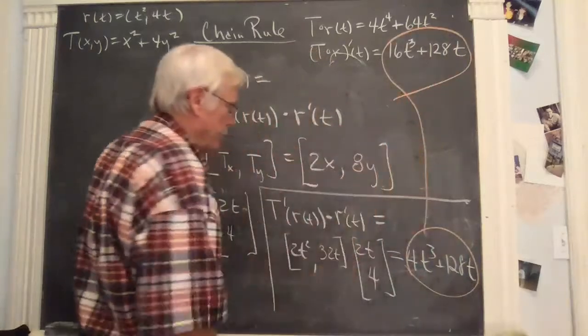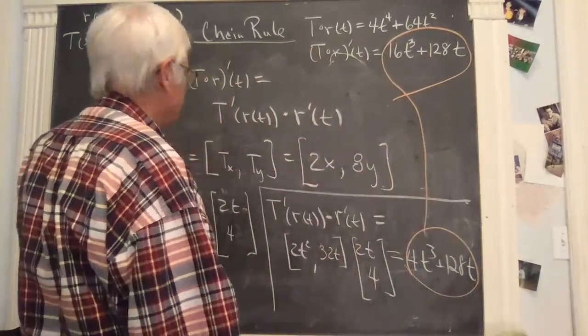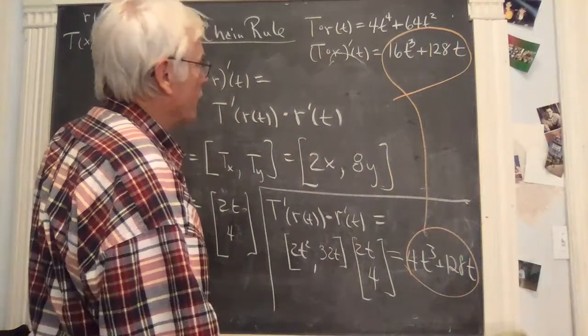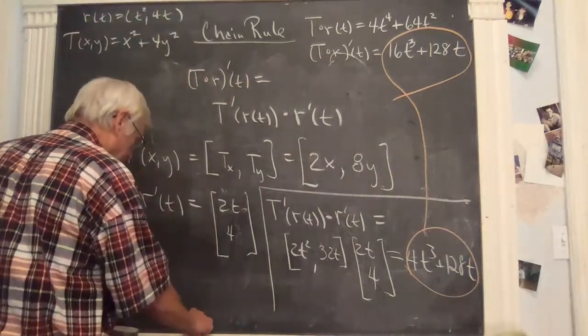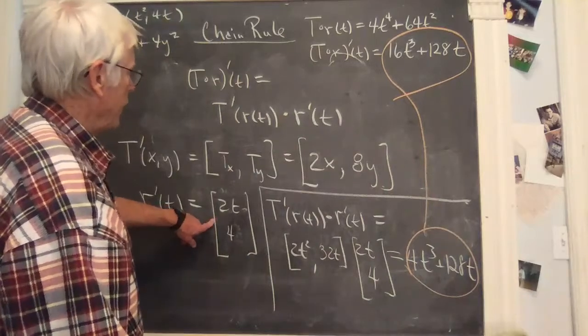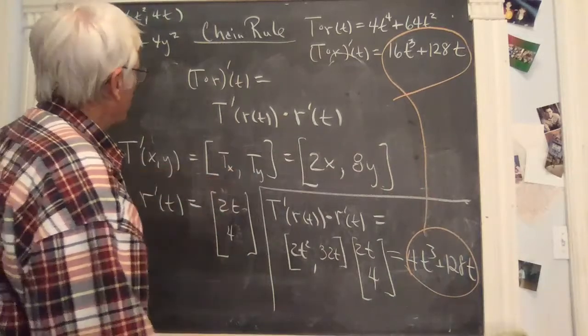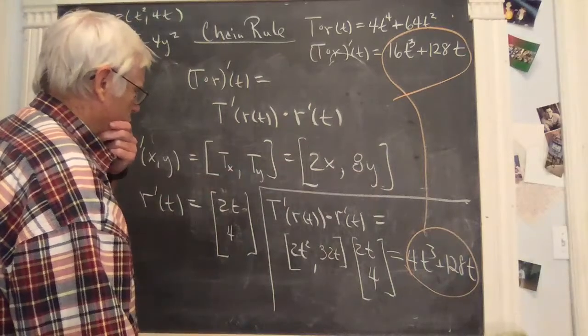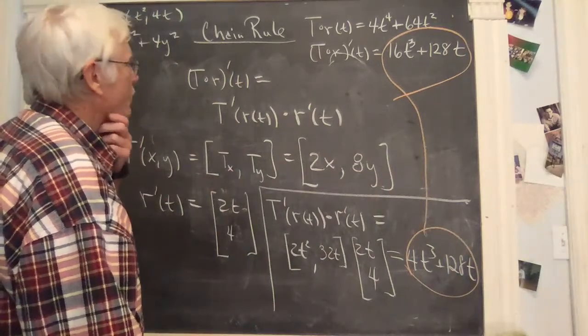Hopefully we got the same thing. We didn't get the same thing. We should have gotten 16t cubed. What happened here? So we got 2t and, oh, I see. When I took 2x, I got 2t squared, and 2t, 4t cubed.